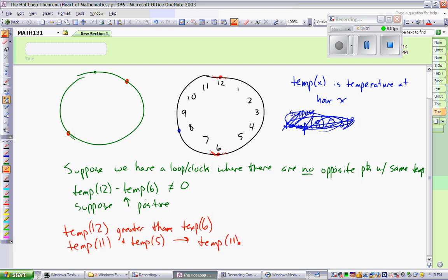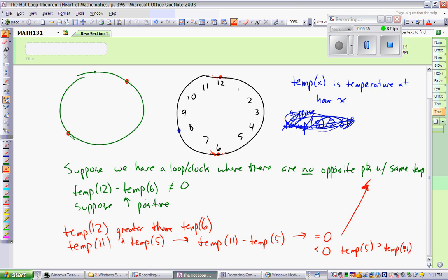So let's do temp 11 minus temp 5. There are basically three options. It could equal 0, but that would mean they have the same temperature, which contradicts our supposition, so that wouldn't work. It could be less than 0. That means temp 5 would be greater than temp 11.